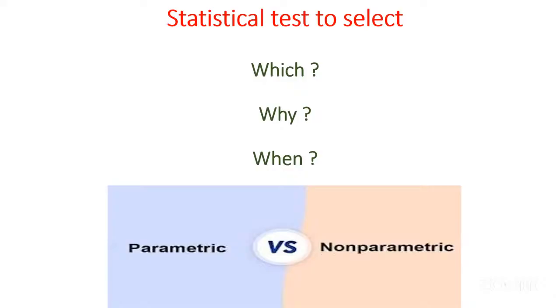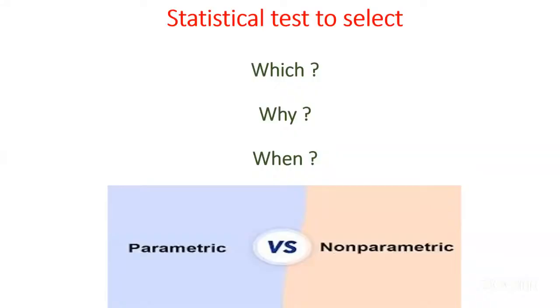Now comes the main step, which is step 2: how to identify the statistical test to select. These three questions should be answerable: which test should be selected, why are we selecting that test, and when do we have to select that test?